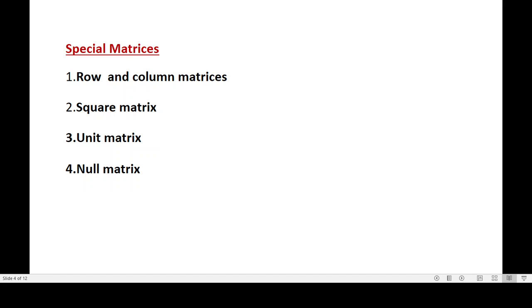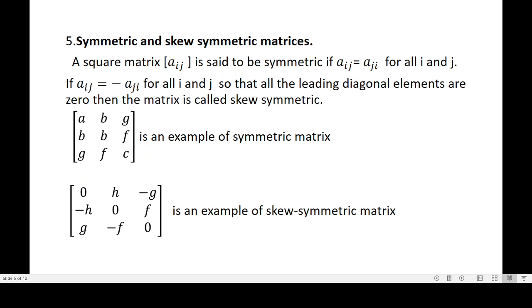The next type of matrix is a symmetric matrix and a skew symmetric matrix. A symmetric matrix is a square matrix. A square matrix is said to be symmetric if aij is equal to aji for all i and j.